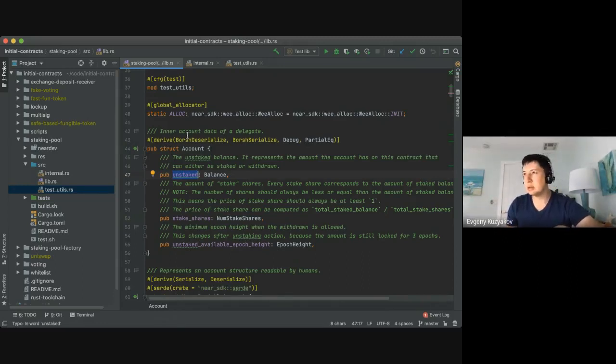When the account receives rewards, its total stake balance increases, but the amount of total stake shares doesn't change. So when an account receives validation rewards or some other deposits straight to the balance, that increases the amount that you can receive for every stake share.